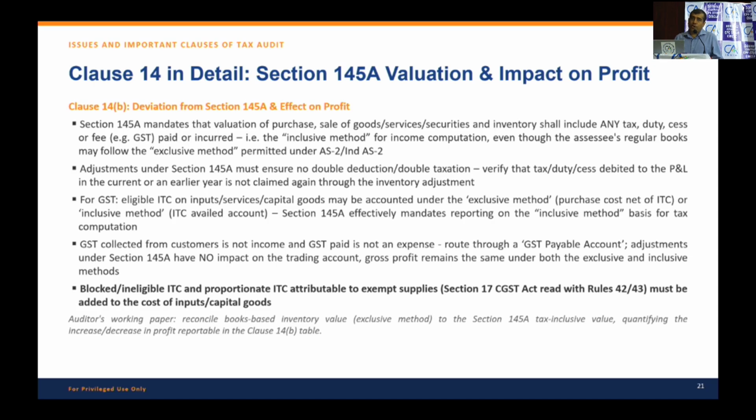I have seen a lot of people missing on those aspects, because all those adjustments, say for example ineligible credit on purchases, are actually not clubbed as part of purchases, which in turn will go for my inventory valuation. Those GST items are shown as a separate charge to P&L. Therefore there is a high possibility that those items would get missed in your valuation of inventory. This is something critical which one should keep in mind when you are doing the audit.